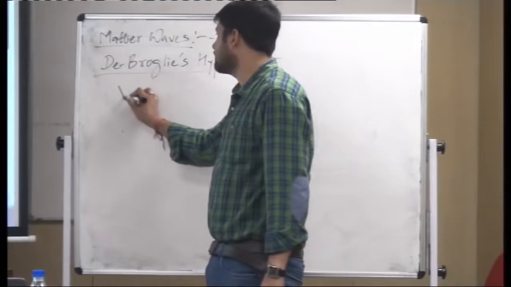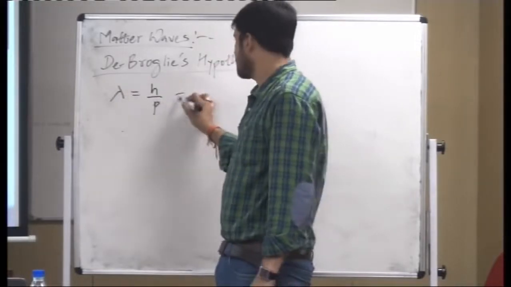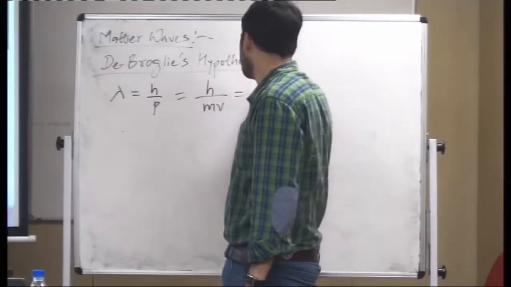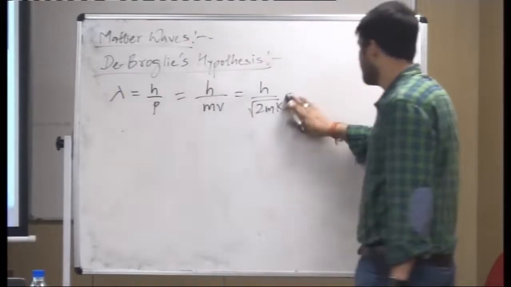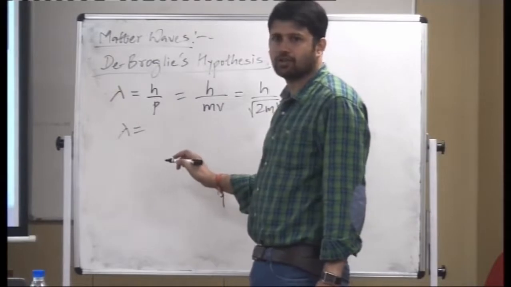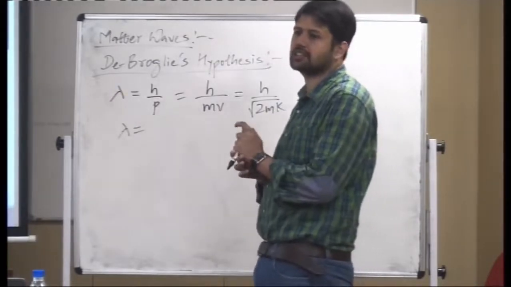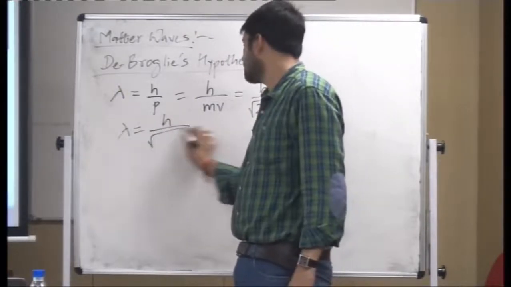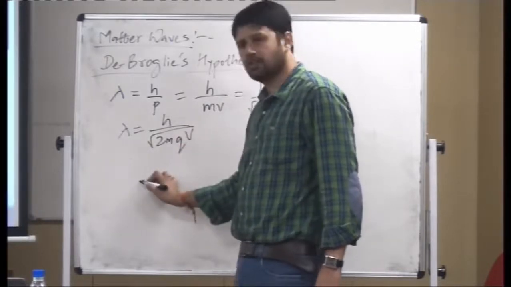The wavelength of these waves was given by h by p, where p is the momentum, which is h by mv, which is h by under root 2mK. If it is a charged particle of charge q accelerated through potential difference v, then it is h by under root 2mqV.